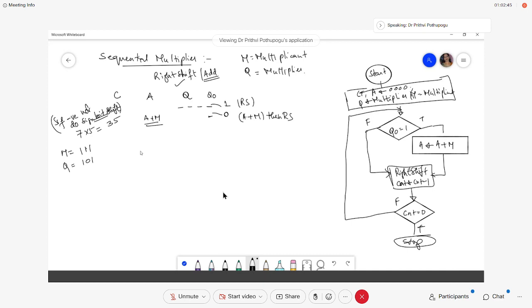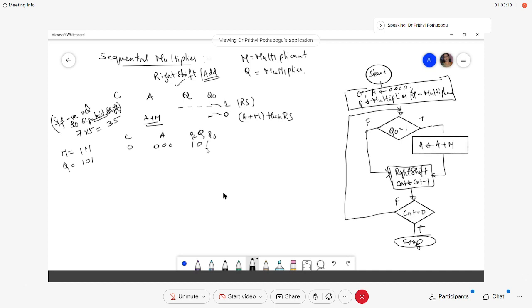Let us take this CAQ. C is 0, A is initially 000, Q is 101. Now, what is the value of Q0? Q0, Q1, Q2. So Q0 is 1.